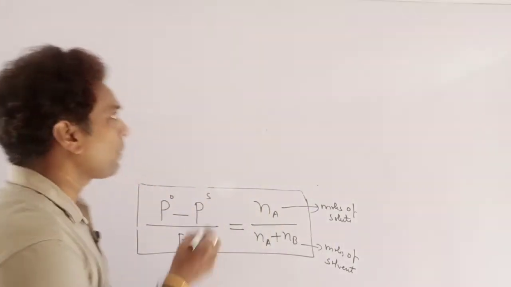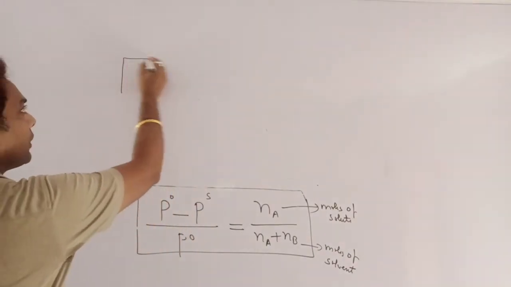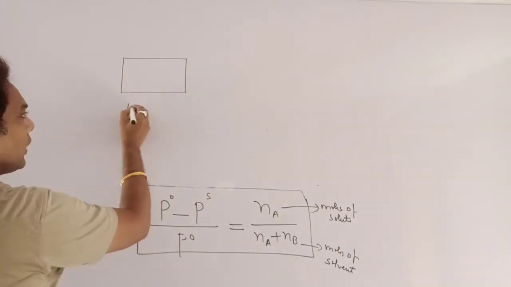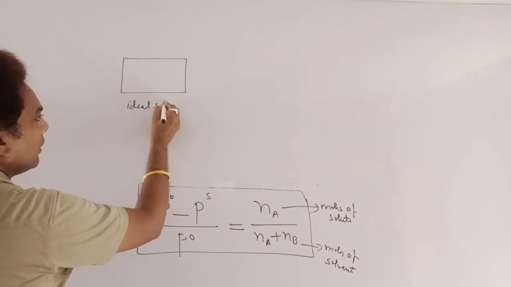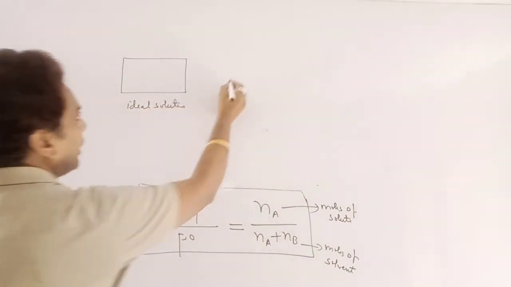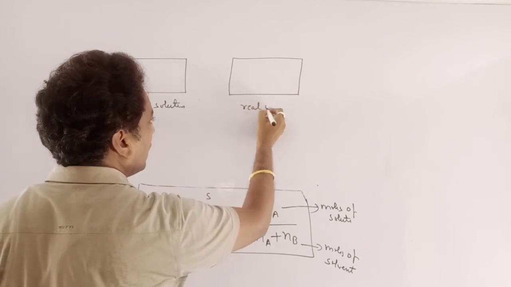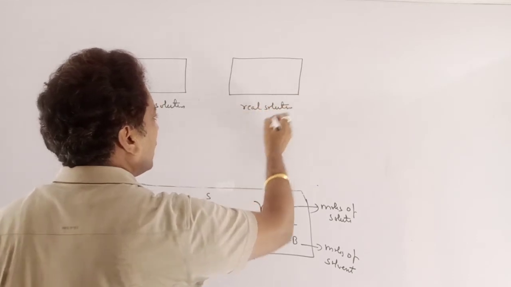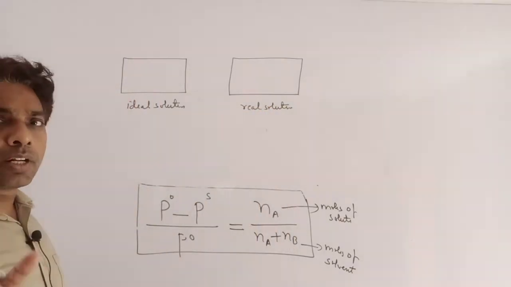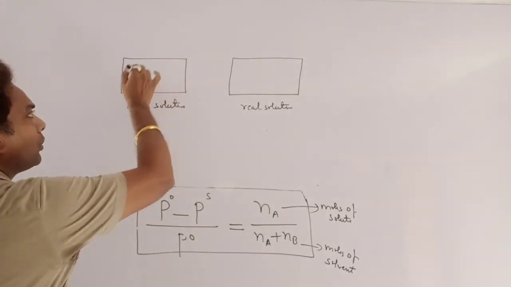Now if we take two solutions, one ideal and another real, what is the difference between them? Here is the ideal solute particle.